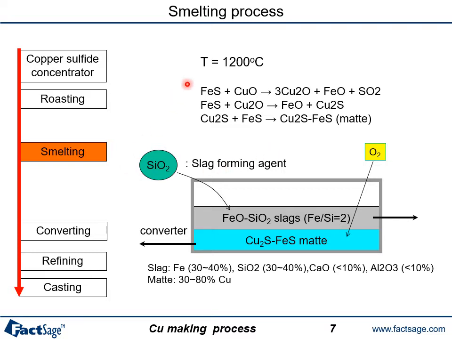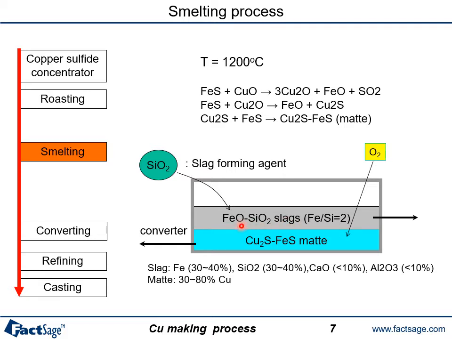This process is typically carried out around 1200 degrees Celsius, and because the roasting product is still containing a high amount of iron and copper sulfide, we have to inject oxygen to convert some of this iron sulfide to iron oxide, and then also we have to add an additional agent like SiO2 to form the iron as iron silicate slag.